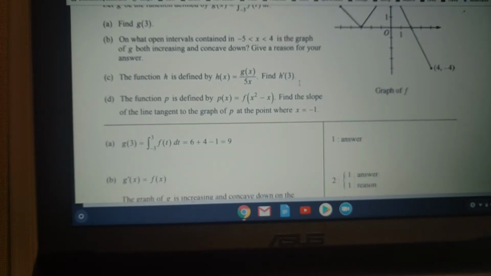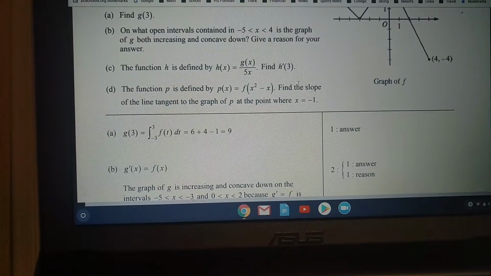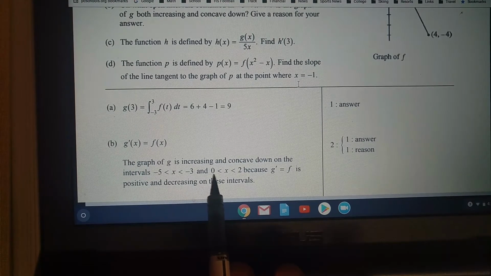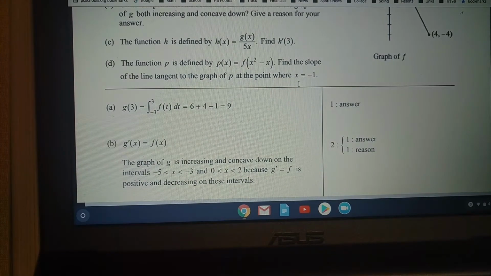Then for part B, you get 1 point for your answer, and your answer are these correct intervals, -5 to -3 and 0 to 2. And the other point is for your reasoning.